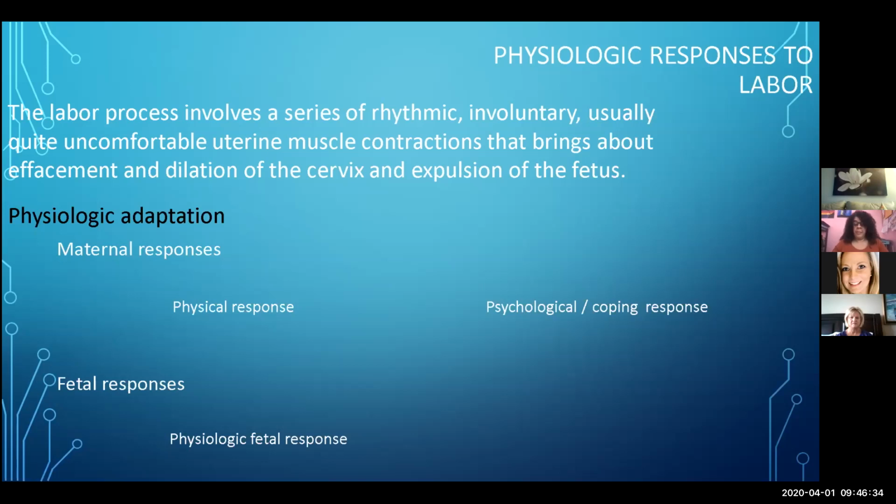The fetal response to labor includes the periodic fetal heart rate accelerations and slight decelerations related to fetal movement, fundal pressure, and uterine contractions. There is a decrease in circulation and perfusion to the fetus secondary to uterine contractions.